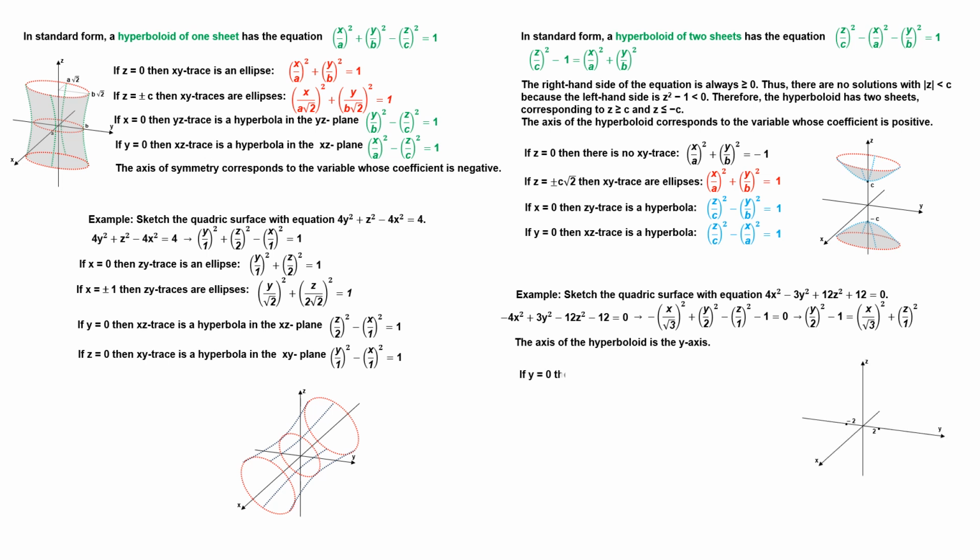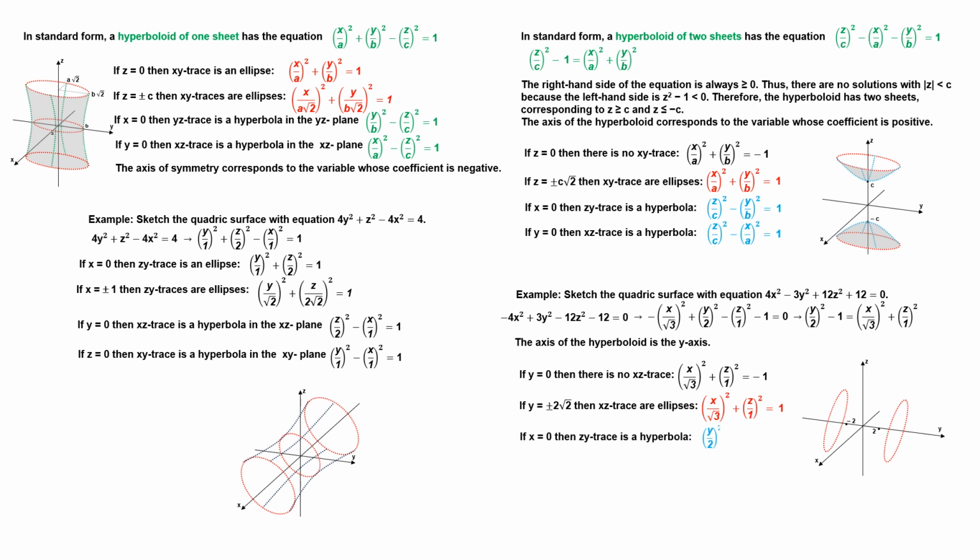If y equals 0, then there is no xz trace. If y equals plus or minus 2 times square root of 2, then xz trace are ellipses. If x equals 0, then zy trace is a hyperbola. If z equals 0, then xy trace is a hyperbola.